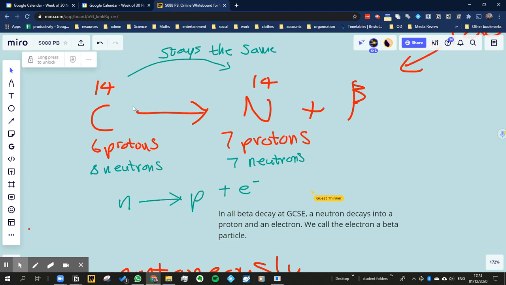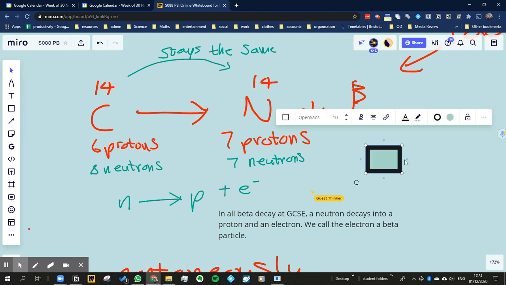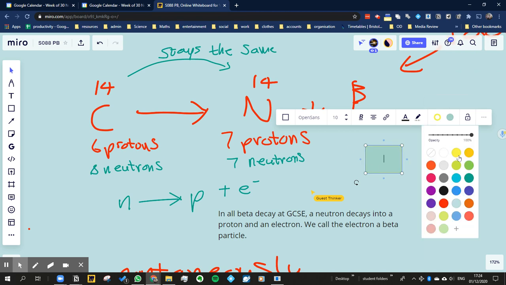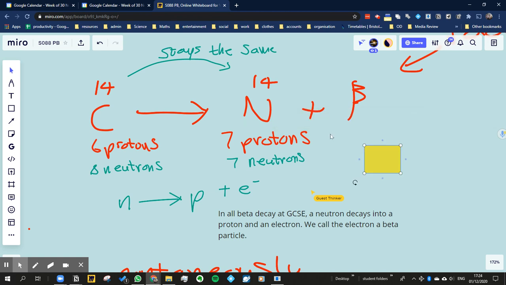When we understand what was going on, though, it's not too hard to be able to predict some of these things. For example, if I knew it was beta decay and I didn't have any of these numbers, let's use some shapes to cover this up, so we can imagine what kinds of questions they could ask you. So let's just cover some of these numbers up.